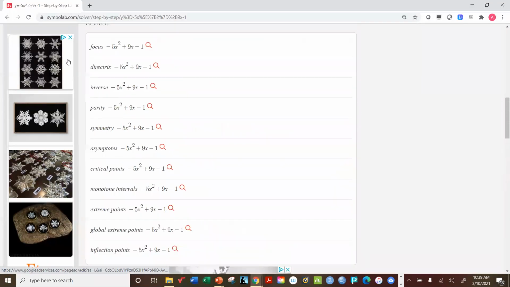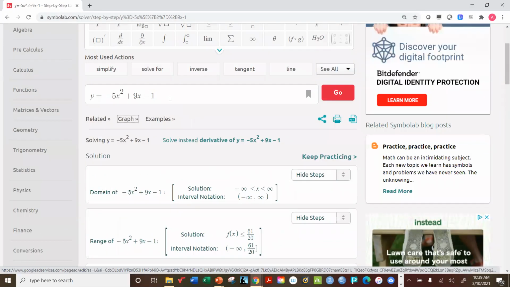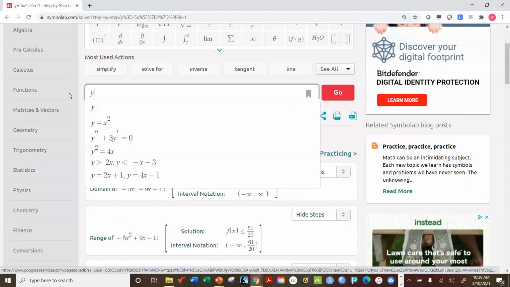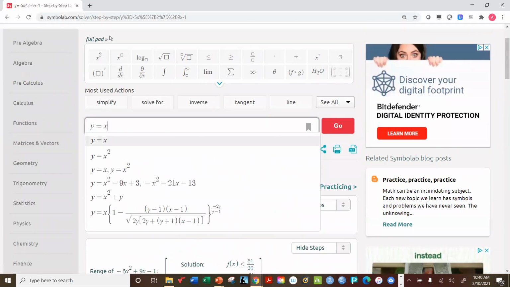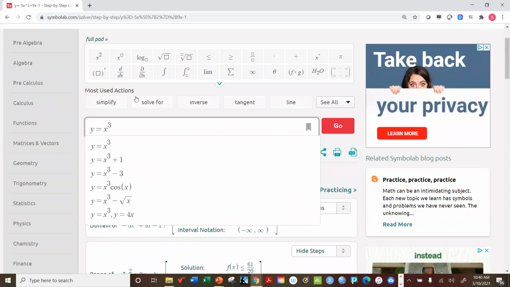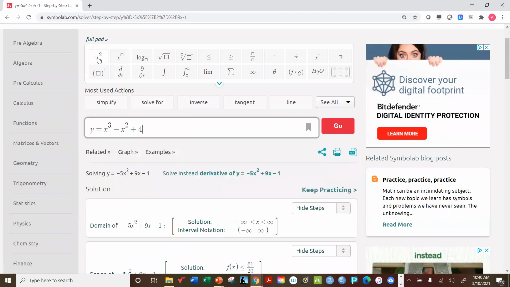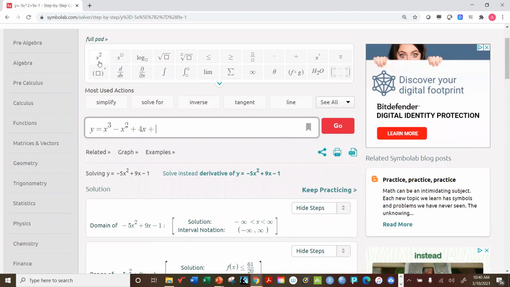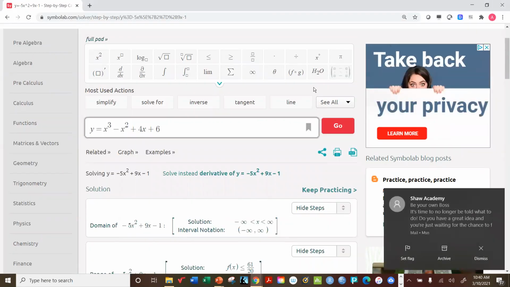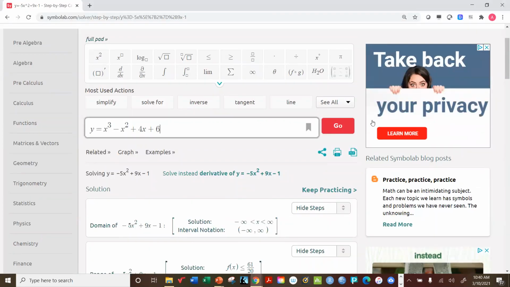And it looks like it's going to be fairly involved. Y equals x cubed minus x squared plus 4x plus 6. Yeah, that's it. So we're going to graph this.